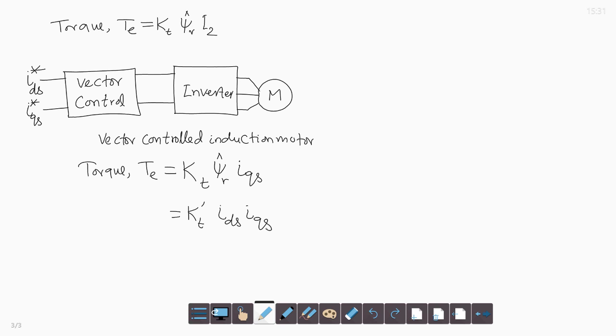In this drive, IDS and IQS are their star values. IDS and IQS are the D and Q axis components of stator current.